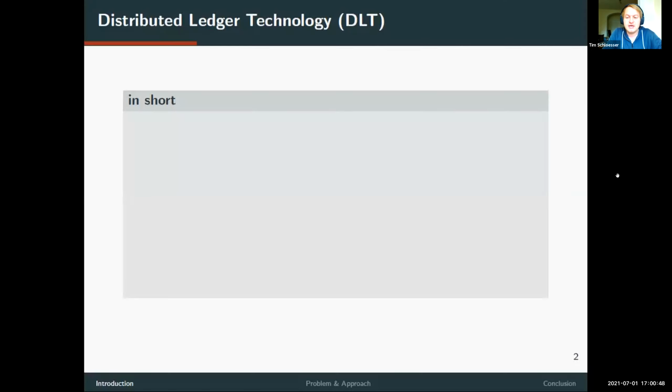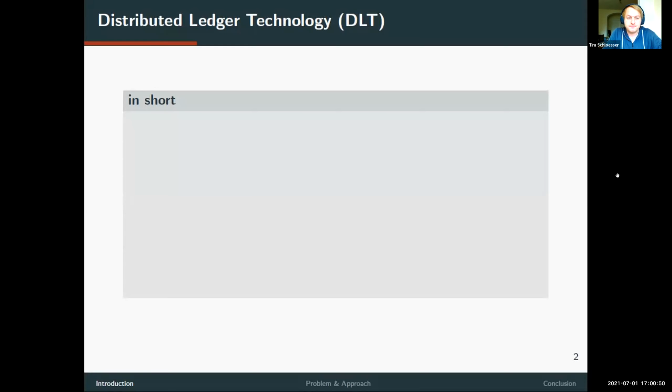We have already heard a lot about blockchain technology so far, which is one of the distributed ledger technologies, but there are more. So what I try to do now is start from the very beginning. What is distributed ledger technology?